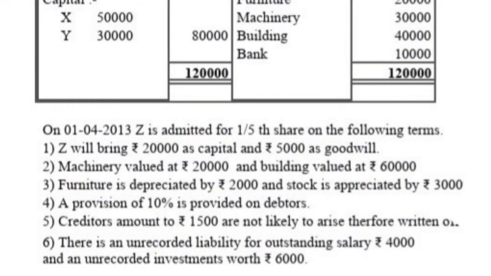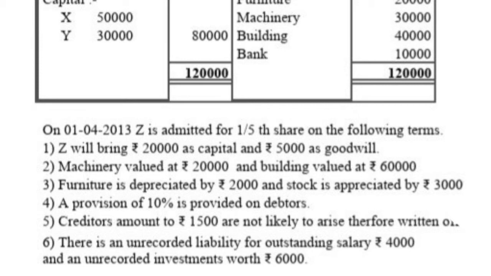The next point, there is an unrecorded liability for outstanding salary rupees 4,000. Here, an outstanding salary is there, 4,000, but it is not yet recorded. So we need to record this outstanding salary of 4,000 rupees into the books of account. So what will happen?